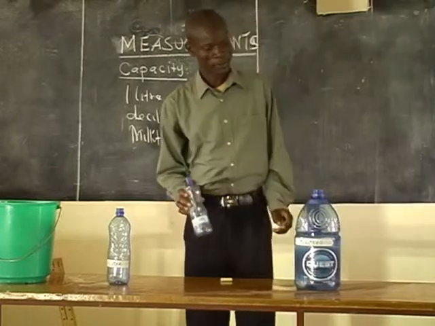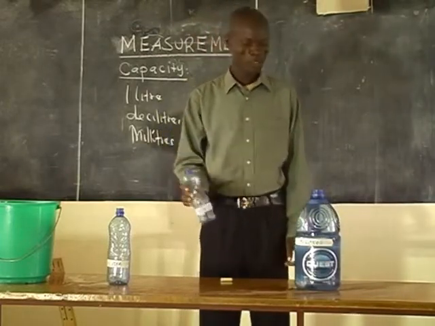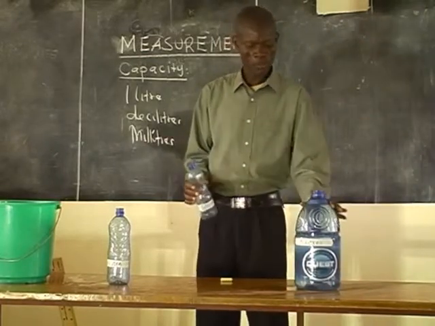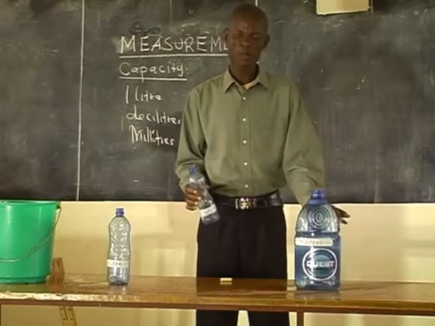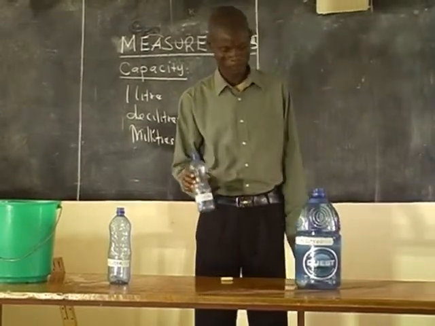so as you've seen, for this small container to be used to fill this container, we've seen that this bigger container is able to accommodate 10 of these small containers.